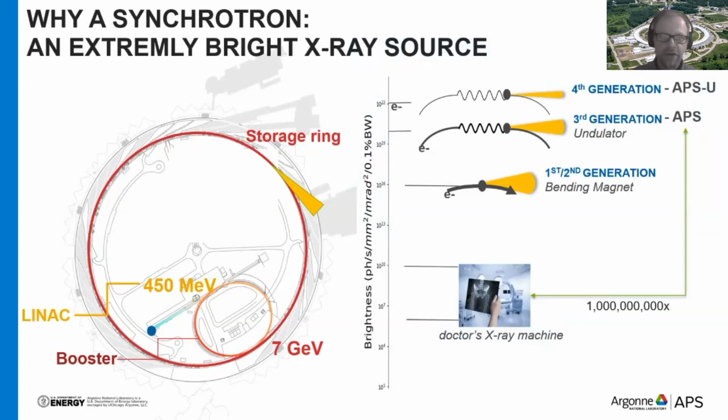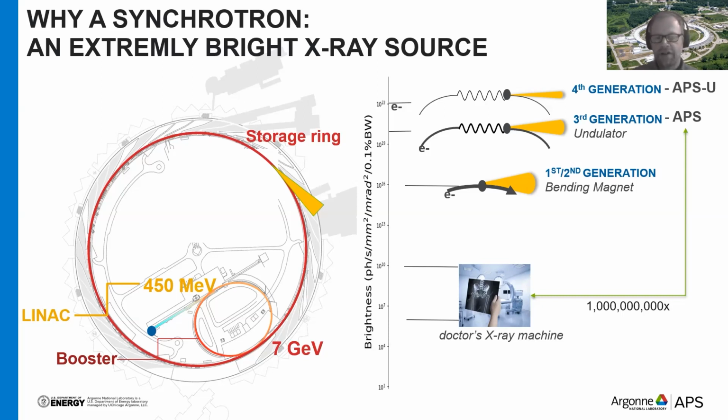So why use a synchrotron? Dava alluded to that earlier on. A synchrotron is essentially a linear accelerator combined with a circular accelerator. In the case of the Advanced Photon Source where I'm at, it's a ring that's really optimized for hard and high energy X-rays, so energies between say 10 and 100 keV or so.